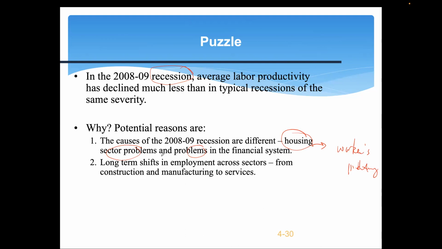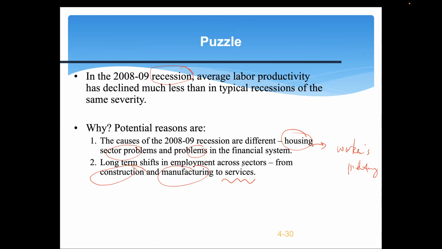This has very little impact on how the worker can produce. And secondly, it could be the case there's a long-term shift in employment across sectors. Meaning during that time, the worker may shift from construction and manufacturing to service sector.